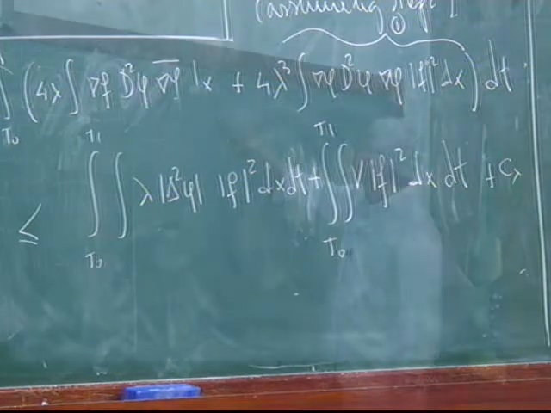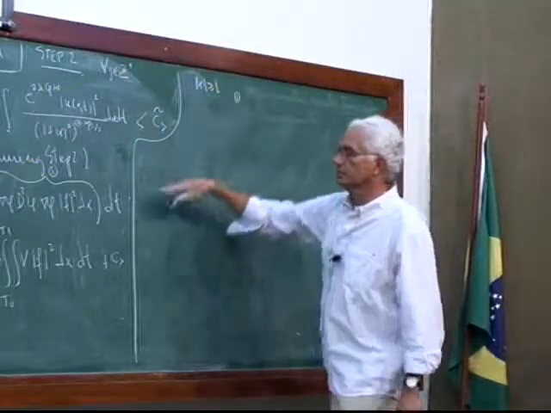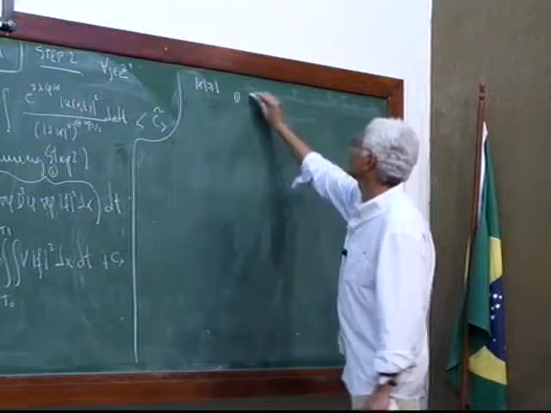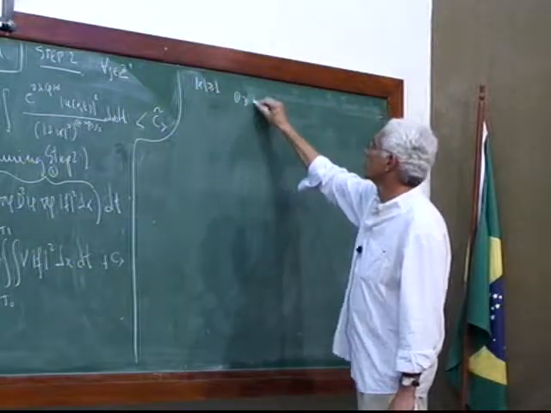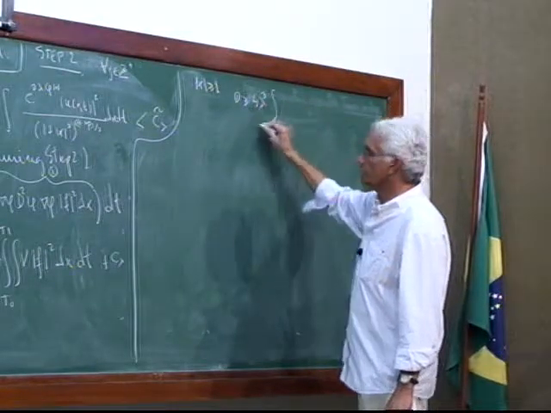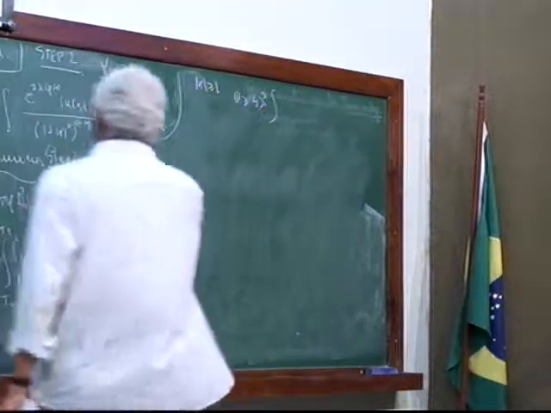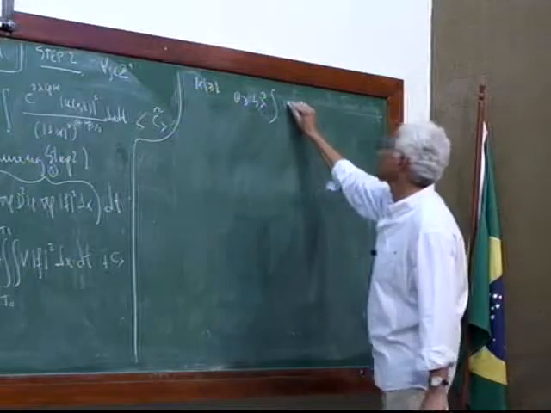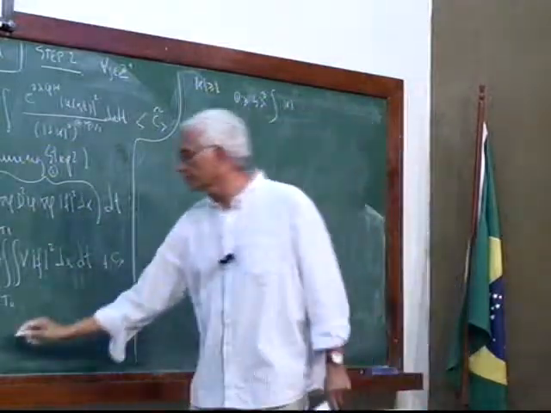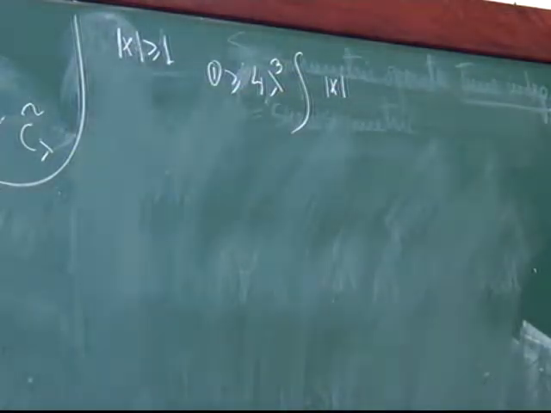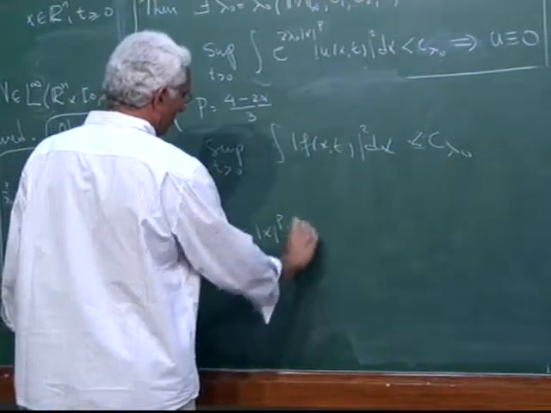The third one is larger: 4 lambda cubed integral of what? This is like x to the power, remember, for x larger than 1, since you have phi of x is x to the p plus some beta.